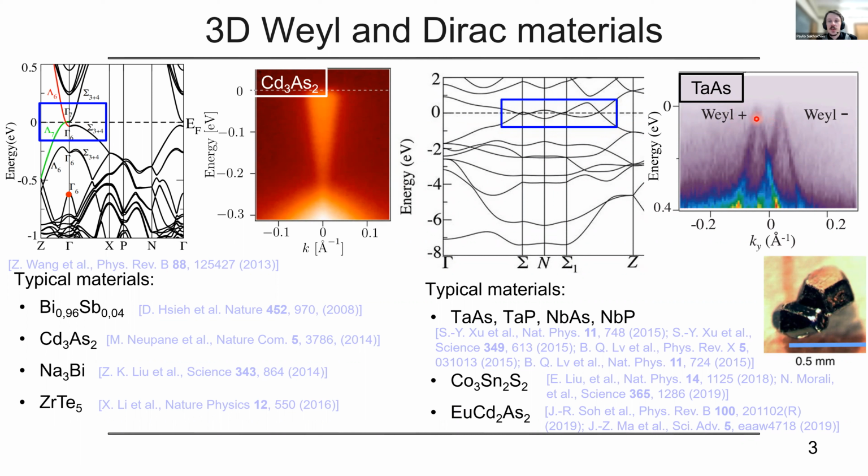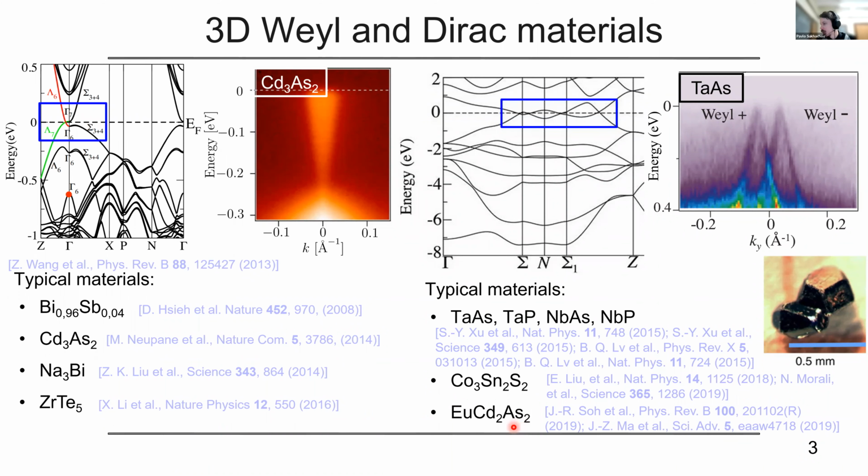This is experimental data for such a material as tantalum arsenide, which is a member of a larger family of materials known as transition metal monopnictides. Later, other materials, such as this cobalt tin sulfur compound and the europium cadmium arsenide compound, were experimentally discovered to also be Weyl semimetals.